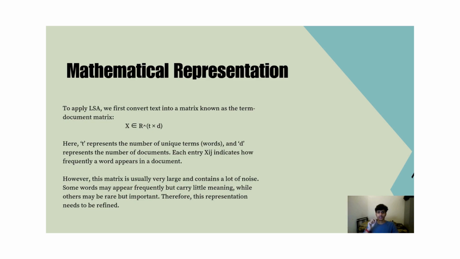So each row corresponds to a word and each column corresponds to a document. The value inside the matrix represents how frequently a particular word appears in a given document. This could be raw frequency or sometimes weighted using techniques like TF-IDF to give more importance to informative words.